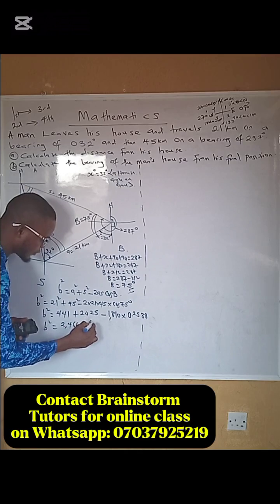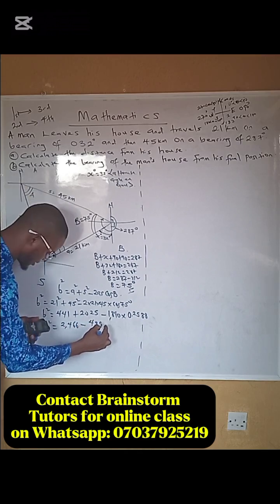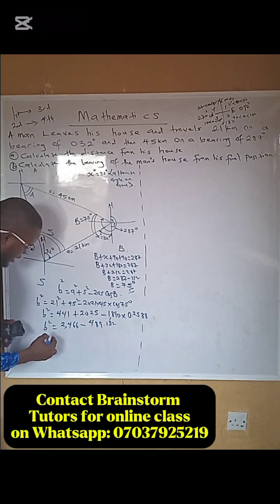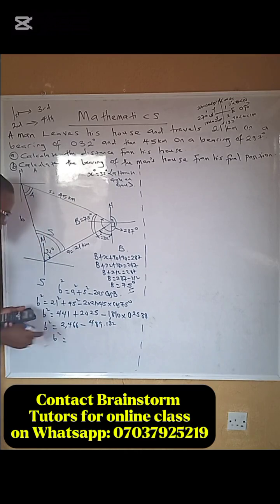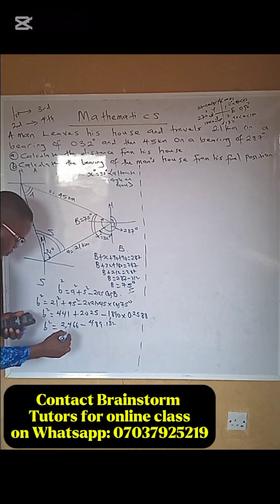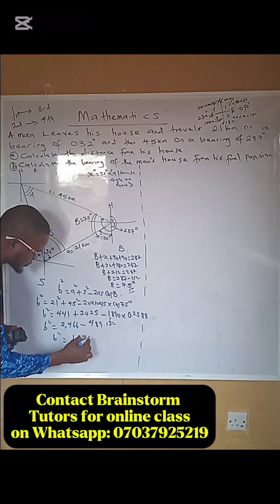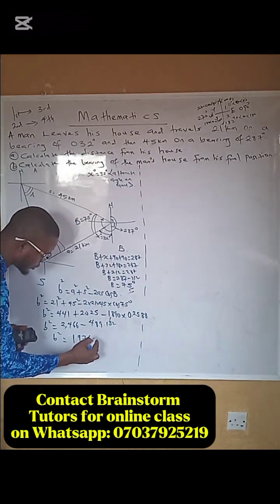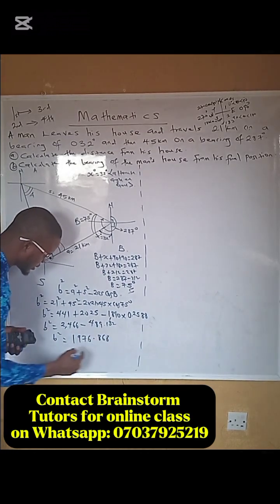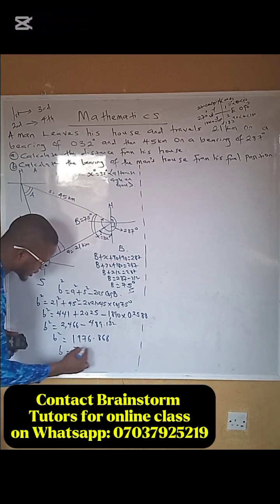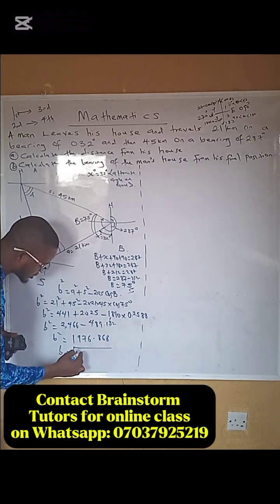I have 489.132. So now, if I take away this from this, what am I going to have? I will just say 2466 minus that. I have it to be 1976.868.